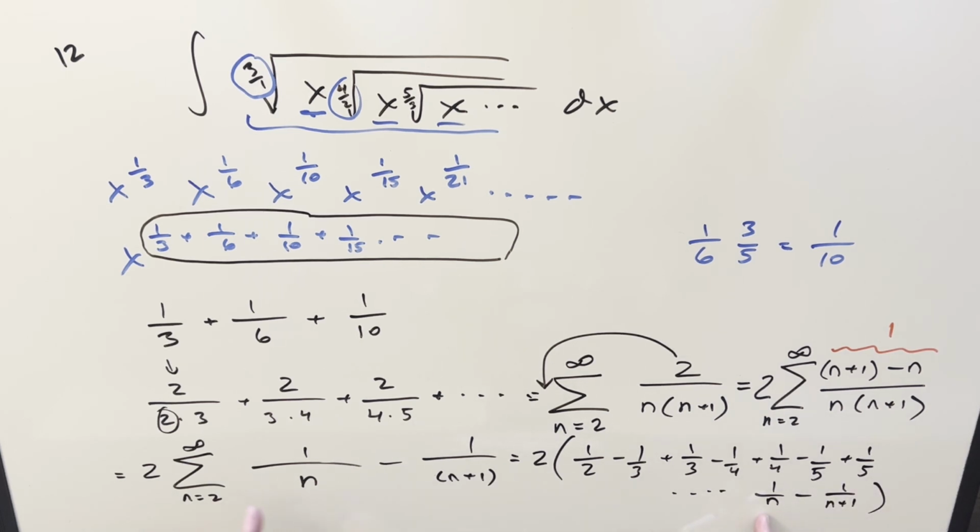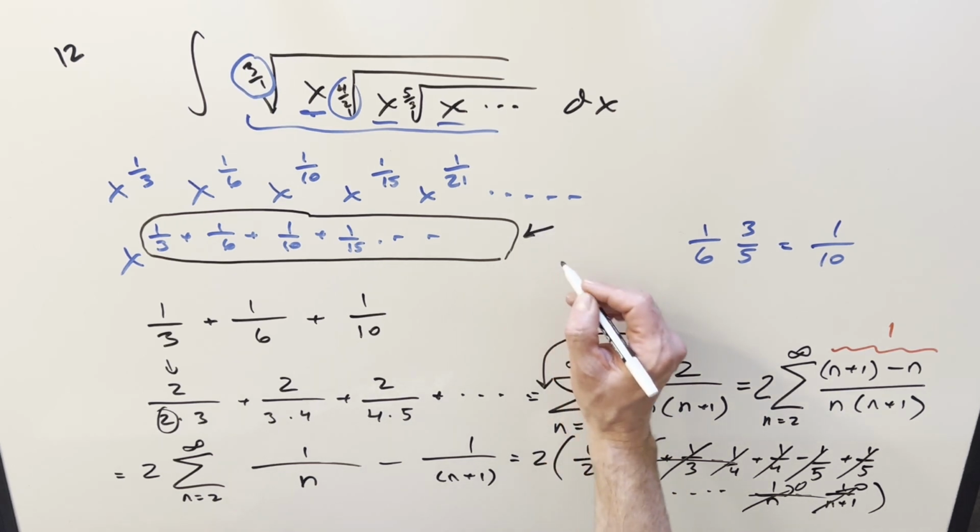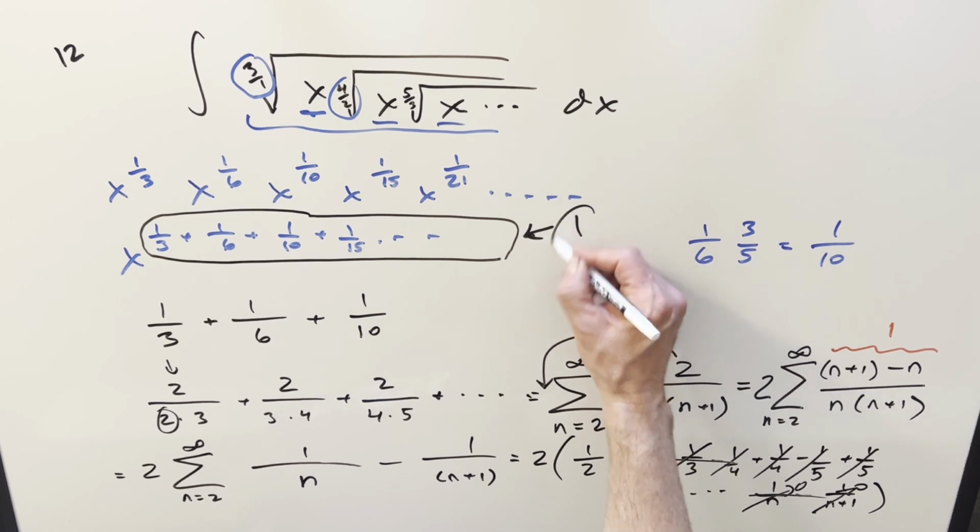But because these values at the end are going to infinity, we don't care about them because they're both going to 0. Coming back here, we get cancellation here, here, here, here, cancellation all the way to the end. So everything goes away, telescoping series, and all we're left with is 2 times 1/2. But 2 times 1/2 is just 1. So our exponent right here on the x is just going to be 1.